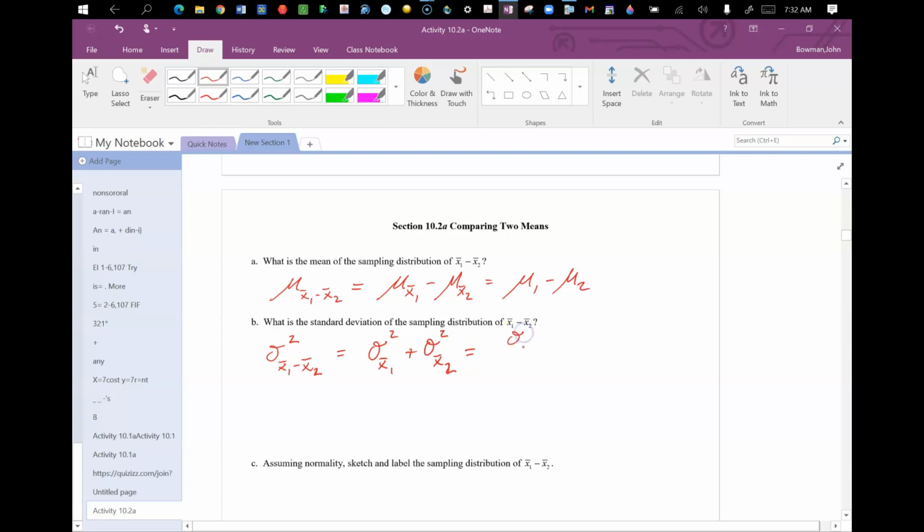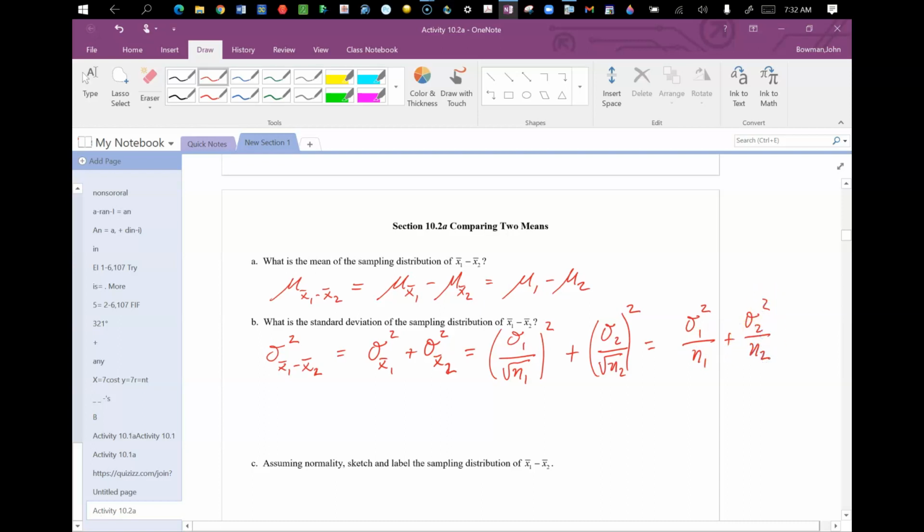So their standard deviations, remember, were the population standard deviations divided by the square root of the sample sizes, but we need to square those to give us the variance. We're going to do that for population 2 as well. And that gives us sigma 1 squared over n1 plus sigma 2 squared over n2.